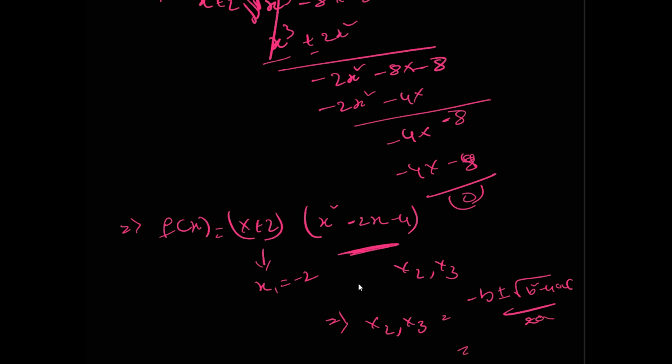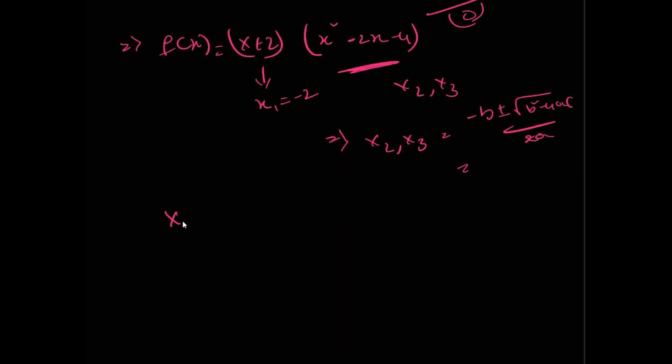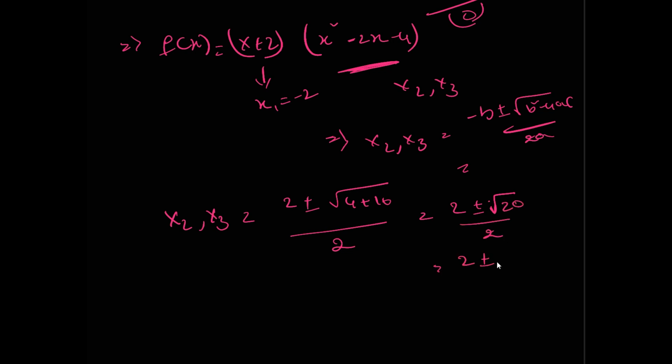That equals 2 plus or minus root over 4 plus 16, by 2. That equals 2 plus or minus root 20 by 2, that equals 2 plus or minus 2 root 5 by 2. Therefore, x2 will be 1 plus root 5 and x3 will be 1 minus root 5, and x1 will be minus 2.